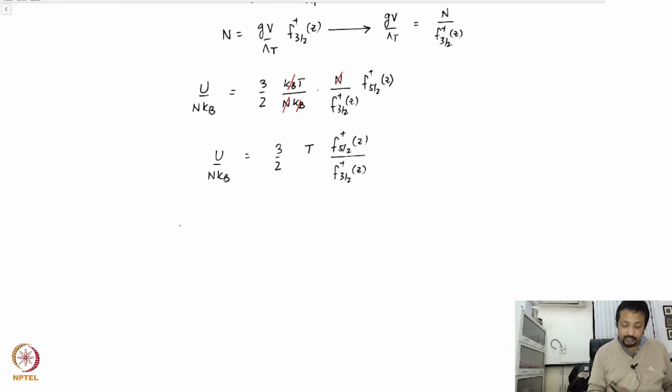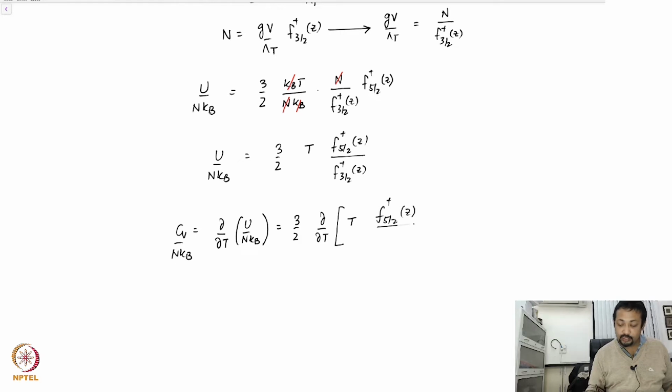Therefore, the specific heat now becomes Cv over nkB is ∂/∂T of U over nkB, which is ∂/∂T of T times F plus (5/2)Z divided by F plus (3/2)Z.